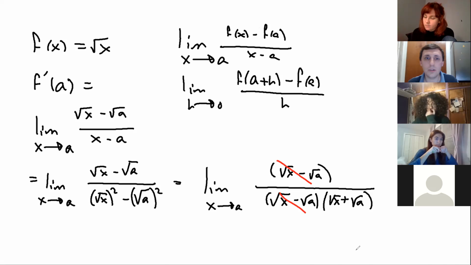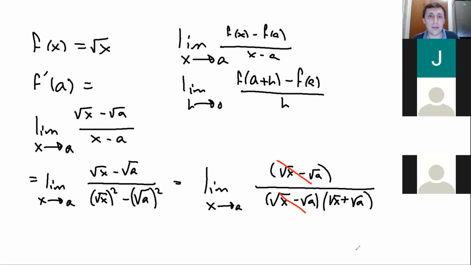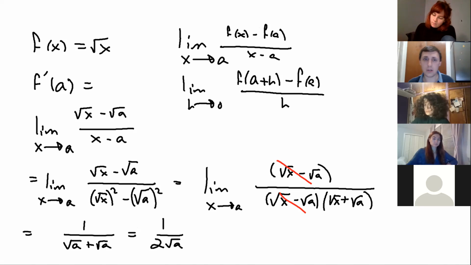Yes, it goes away. And what do we have in the limit? Now the limit is simply root x becomes root a. So we have 1 over root a plus root a, which is 1 over 2 root a. Wonderful. Let's do one more. And we can do a lot more in office hours if you stay.